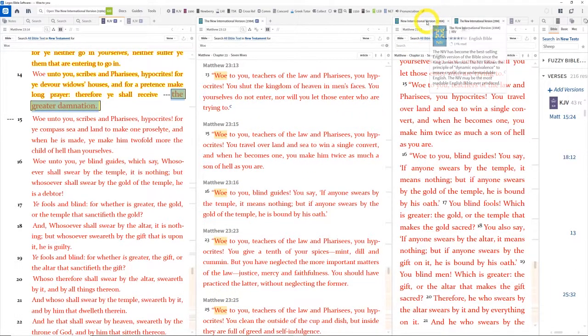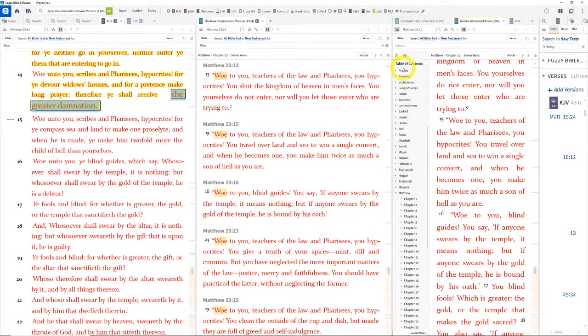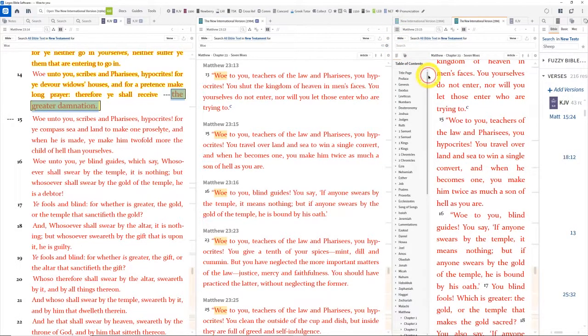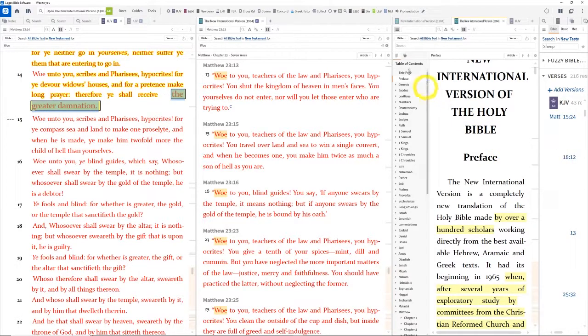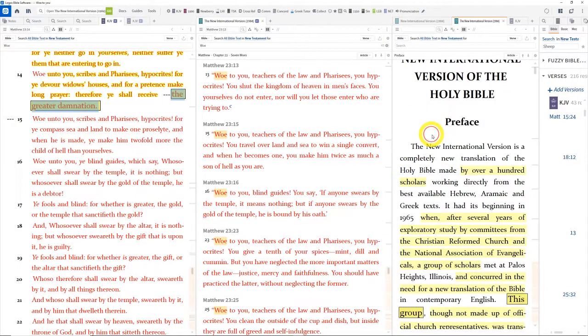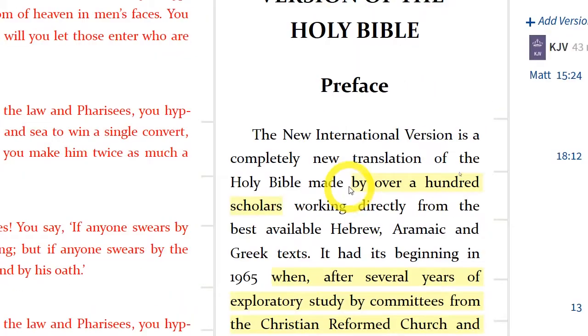Of course, if you go to the NIV over here and go to the introduction and read why they would take these things out, you can read real carefully right here that they got their reasons. It starts off saying things like this. Let's read it together. By over 100 scholars working diligently from the best available Hebrew.